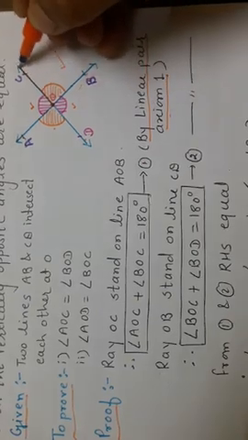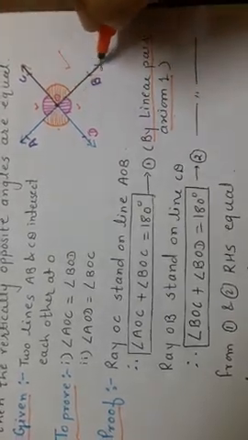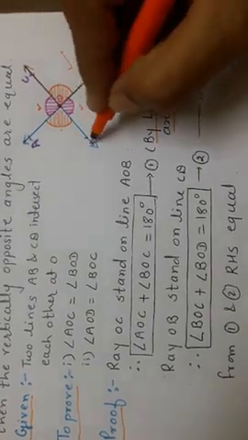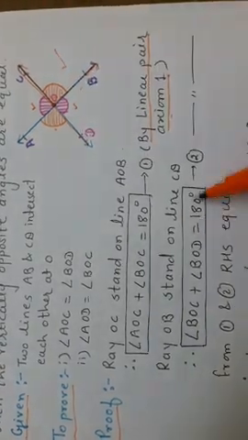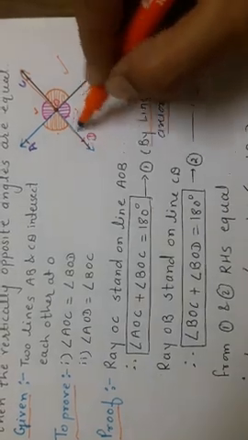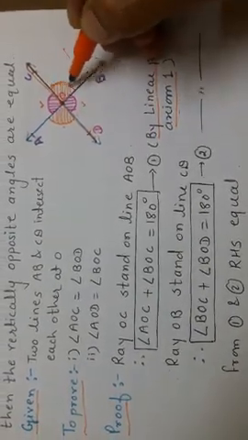Now adjacent to this ray is OB. So OB is a ray standing on which line? That is CD. When OB stands on this straight line, which two angles are making the pair?